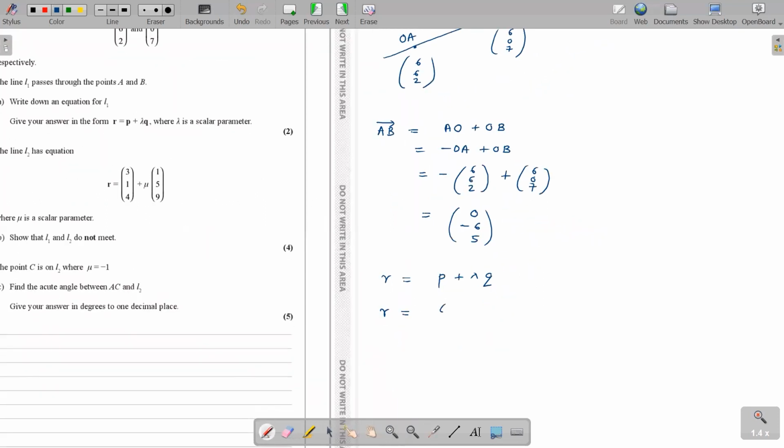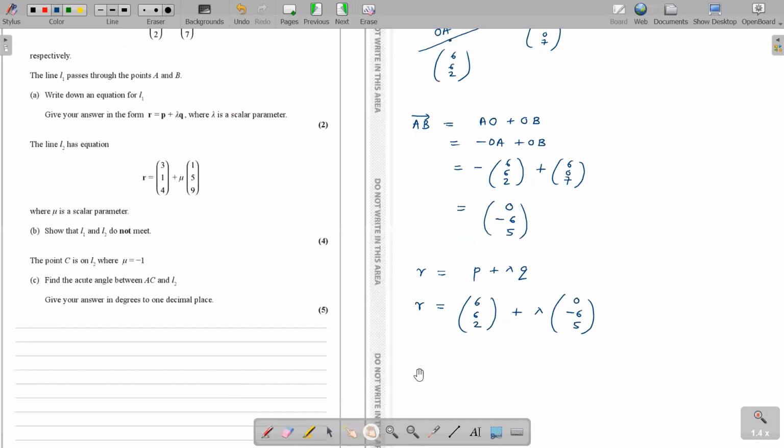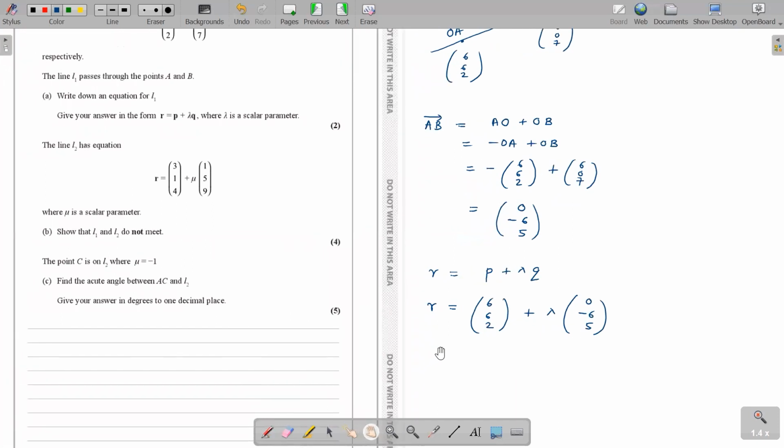I'll use the first one, (6, 6, 2). Lambda times q is the direction vector, which we found as AB. So this is the answer for part A: r equals (6, 6, 2) plus lambda times (0, -6, 5).